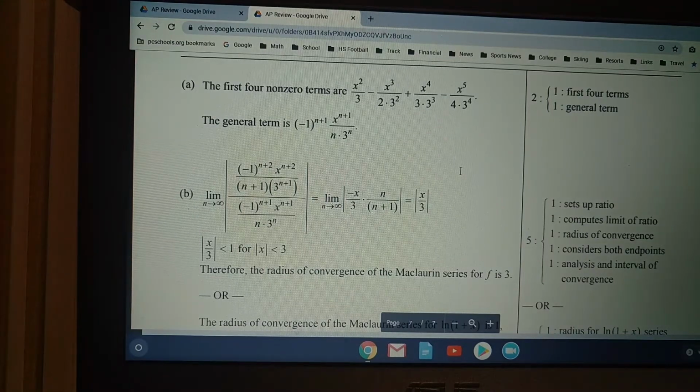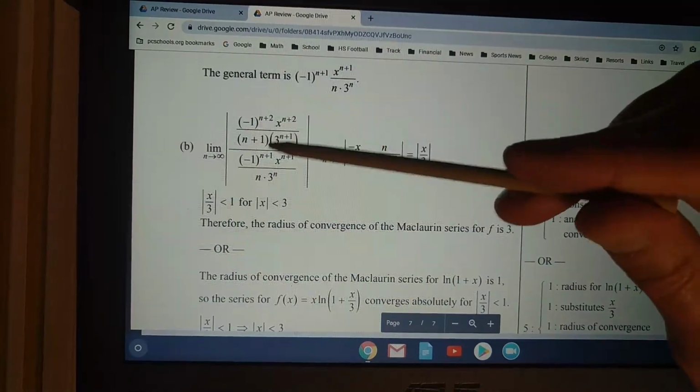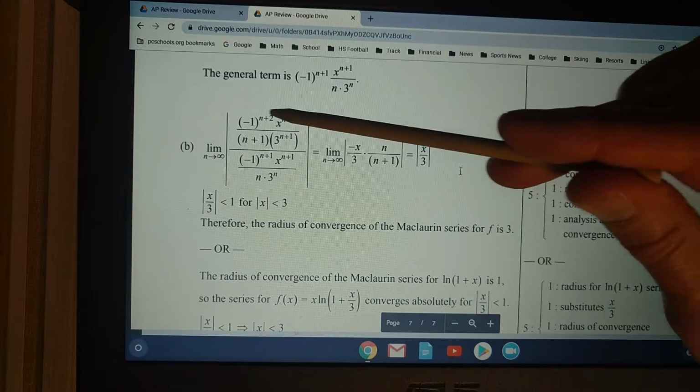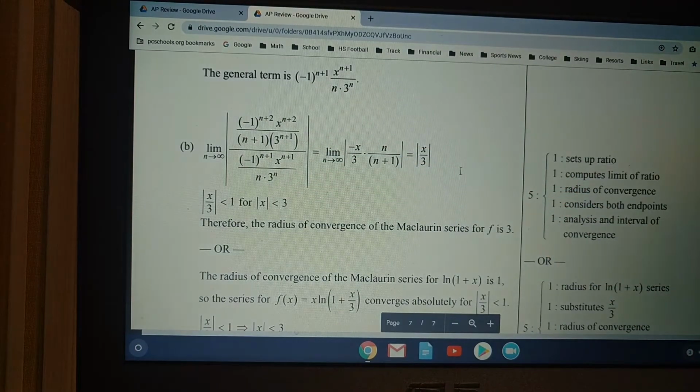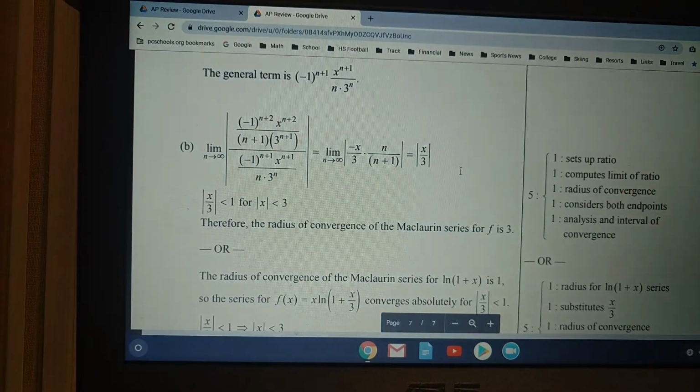Then part B is worth 5 points. So a lot of points here on part B. It's the bulk of the question. You get 1 point if you set up a ratio. So if we see this ratio here, you get a point. You get another point if you compute the limit. So if you knew to take the limit as n goes to infinity of this ratio, you get an additional point.